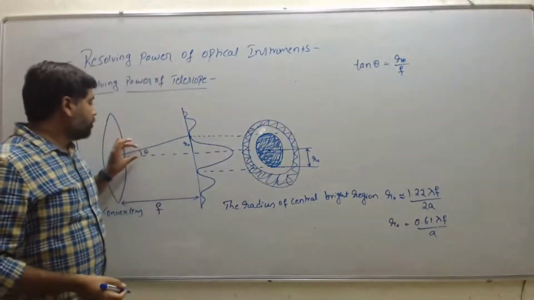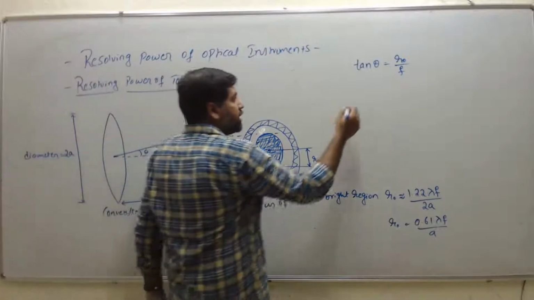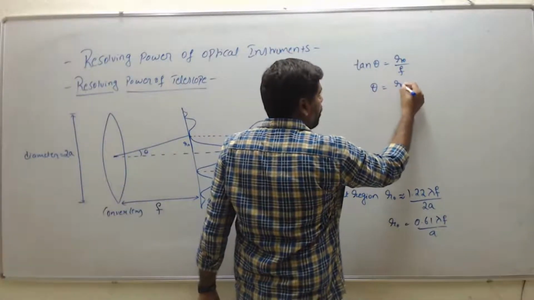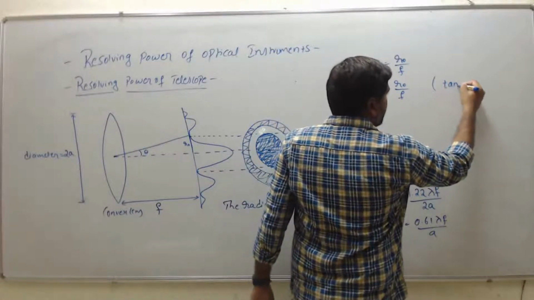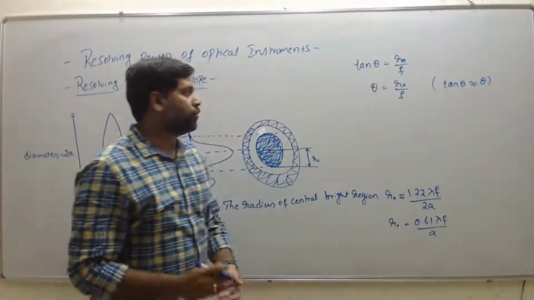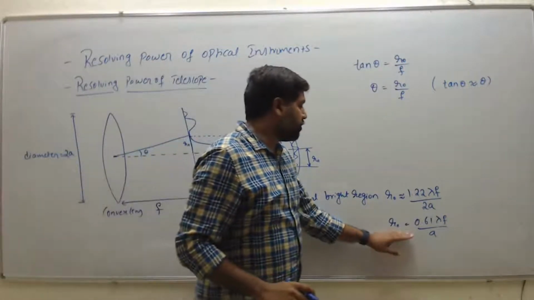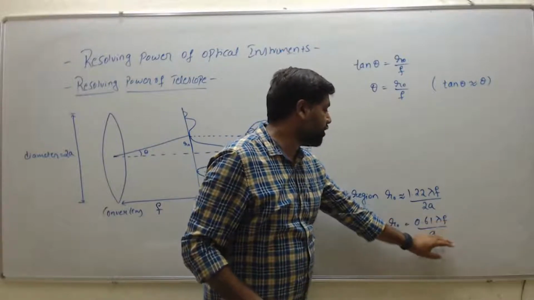Here we are considering theta very small, so tan theta is almost equal to theta, theta equals r naught by f. We know r naught is 0.61 lambda f divided by a.